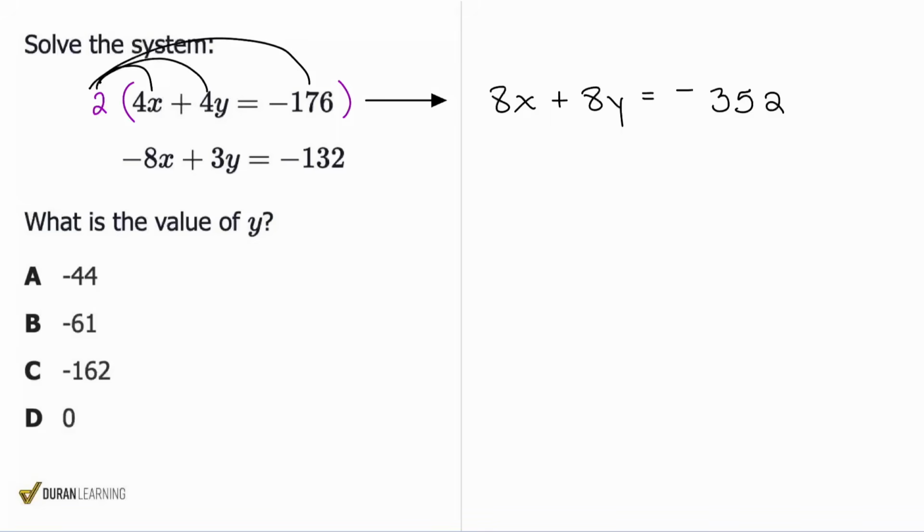So from here, everybody, if you write down the other equation that we had underneath, take a look. Right there, we have negative 8x plus 3y equals negative 132. Everyone, if you check this out now, are we ready to eliminate the x? Do you see that?